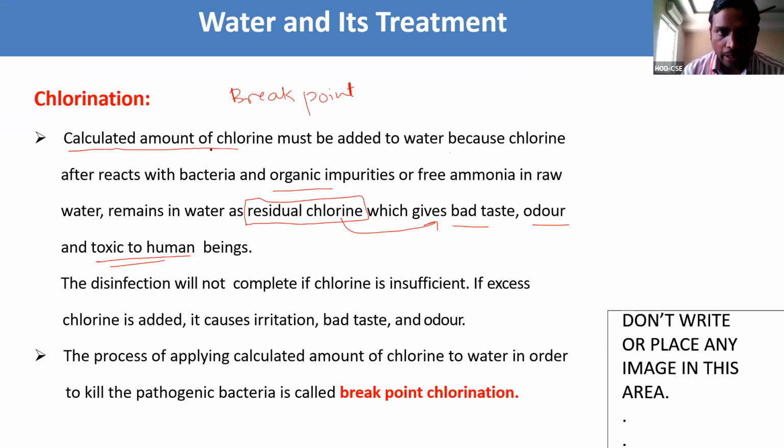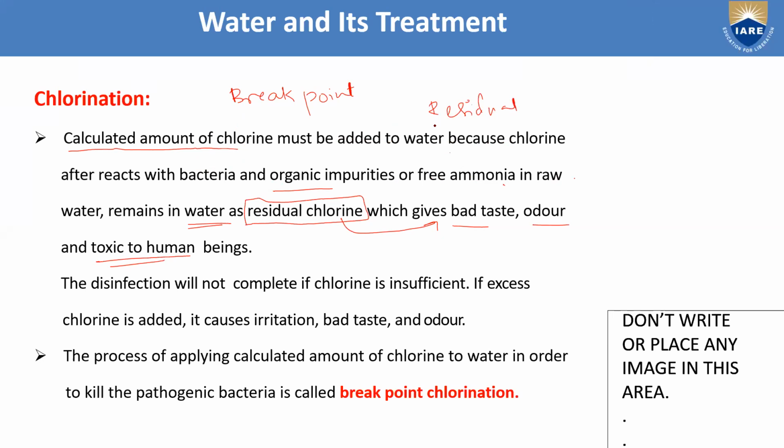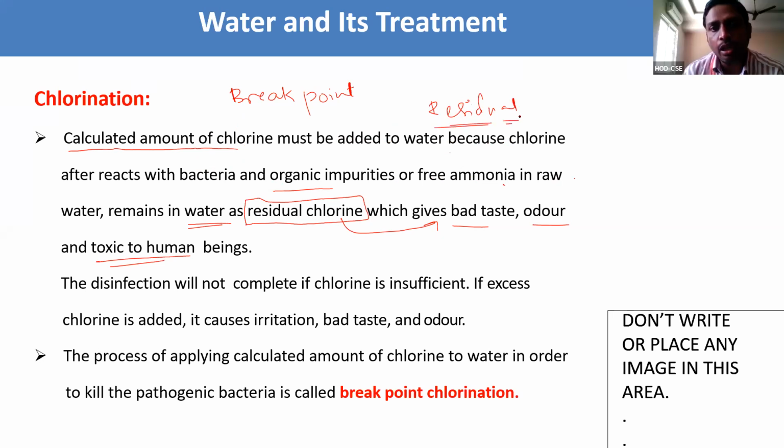The calculated amount of chlorine must be added to water, because chlorine, after it reacts with bacteria and organic impurities or free ammonia in raw water, still remains in the form of residual chlorine. This residual chlorine is harmful.